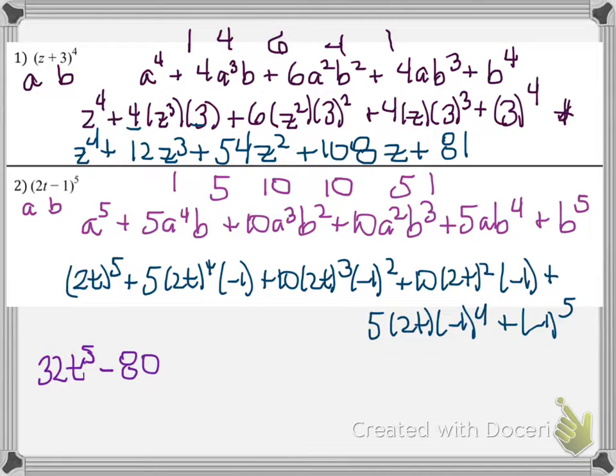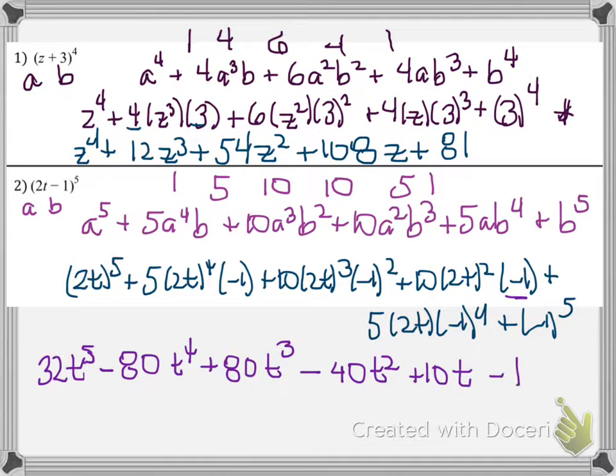Negative 80t to the 4th plus 2 cubed, that's 8. 8 times 10 is 80t cubed, and the negative 1 squared just becomes a positive 1. This one will be a negative because negative 1 cubed is negative. So 2 squared is 4. 4 times 10 is 40t squared. Then we have 5 times 2, plus 10t, and the last one is minus 1.